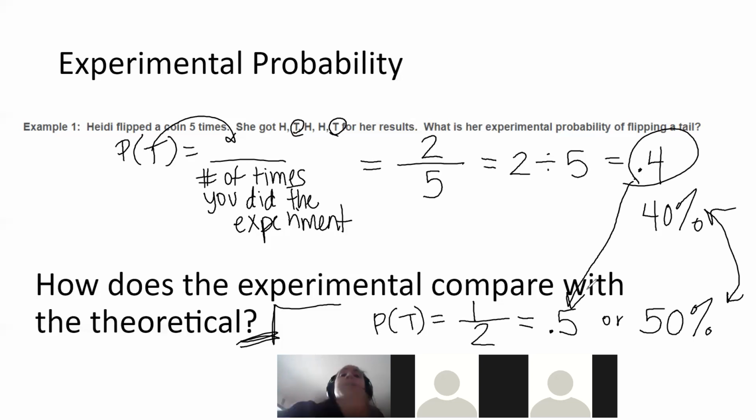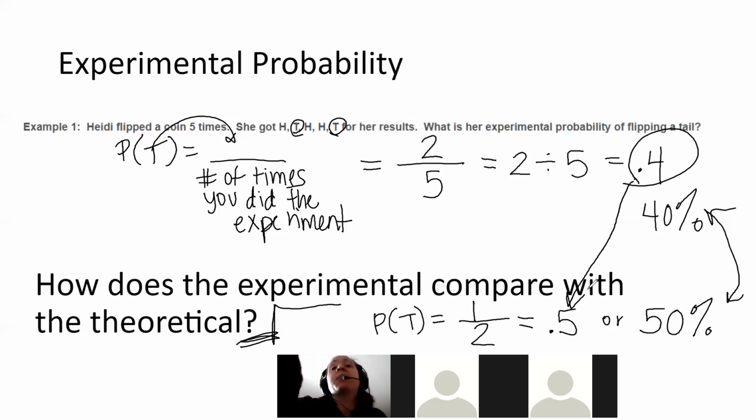How could she increase that percentage? So I'm Heidi, and I'm going to sit down and think about my experiment. And I'm going to say, darn it, I really wanted to get 50% of the chance of getting tails.